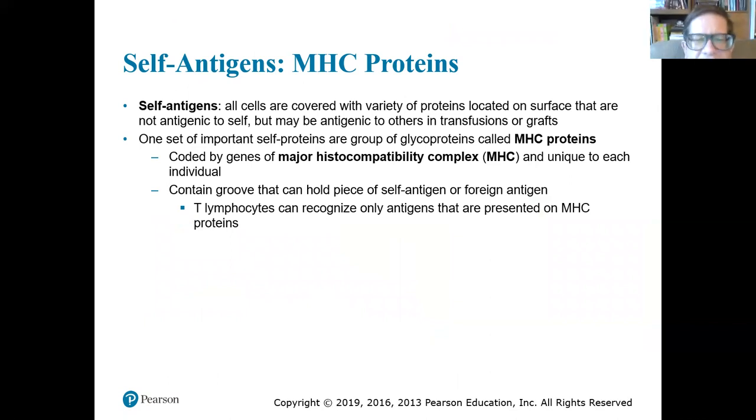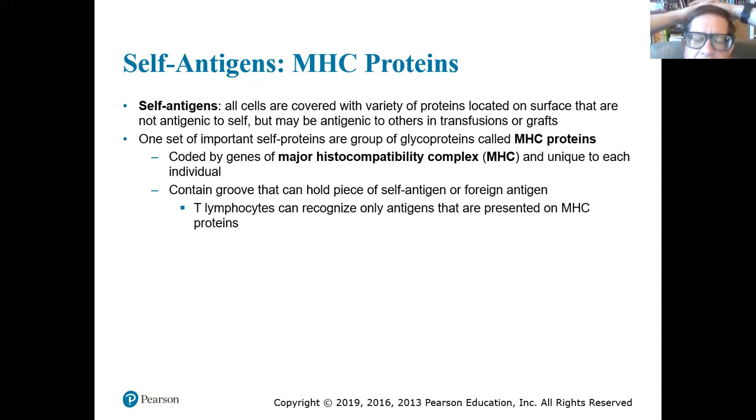So self-antigens. All the cells in us are covered with a variety of proteins on the surface. They're not antigenic to self, but could be antigenic to others in transfusions or grafts. What they're talking about is things like your ABO blood complex on the surface of your red blood cells, the A, B, or O variant.